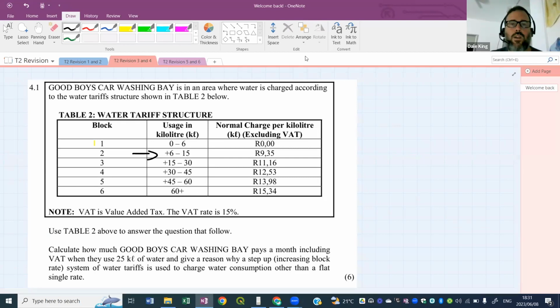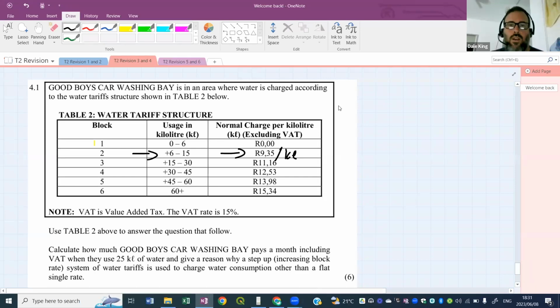If you're in this row and you're using water above 6 kiloliters a month, that water from the 6 kiloliters to 15 kiloliters, you are getting charged at R9.35 per kiloliter. So think of these as per kiloliter rates.